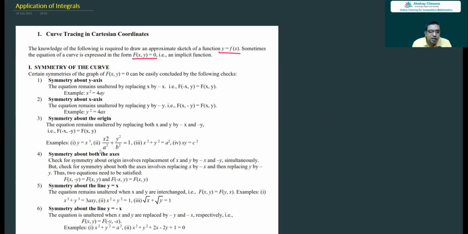So for example, we have this equation of the ellipse. The ellipse by itself is not a function, but you can express y in terms of x and make it a function. So we will write this expression as F of x comma y as x square upon a square plus y square upon b square minus 1 equal to 0.